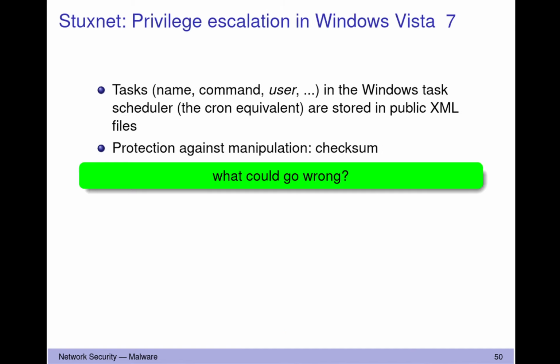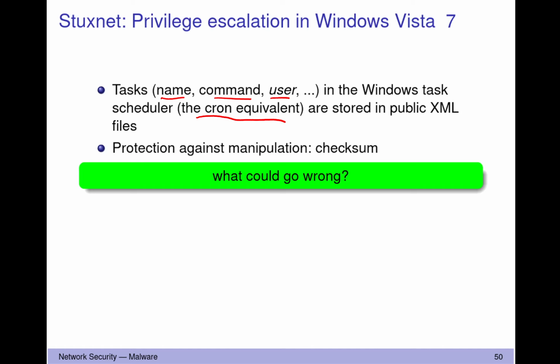So how did it work in Stuxnet? A task is typically associated with a name, command, and user. There's a task scheduler that tells at what times specific tasks should be executed. It's a time to-do list. Do you know cron jobs in Linux, or the task scheduler?